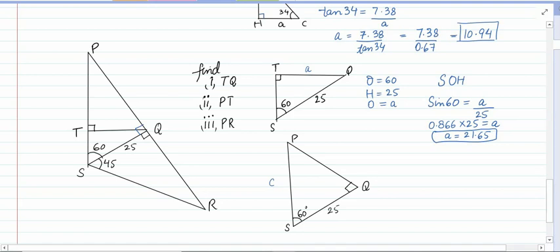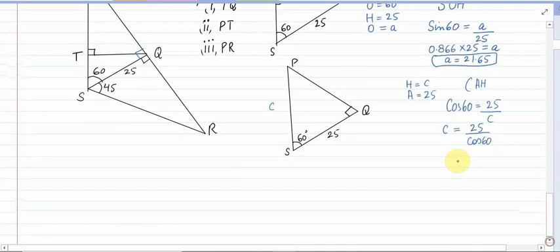How can we find it? It's very simple. Hypotenuse is C and adjacent is 25. So adjacent and hypotenuse come in cos. So cos 60 is equal to adjacent 25 divided by hypotenuse C. C is equal to 25 divided by cos 60.